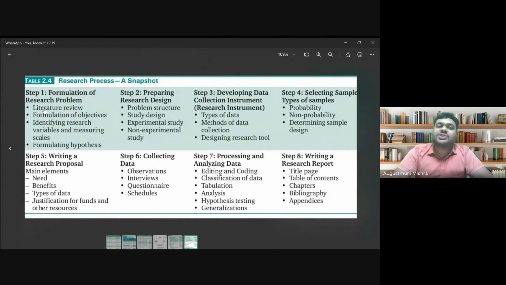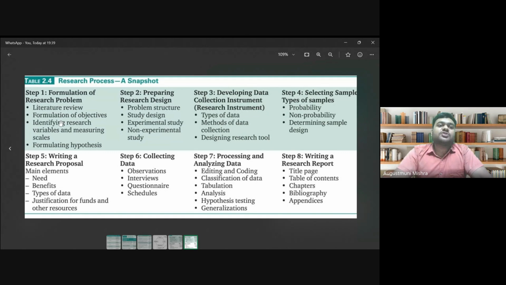On the basis of that, whenever you find research gaps, or find something left out in those researches, you formulate your objectives. Maybe you already have some assumptions, but going through the literature review, you add some new points to your hypothesis.